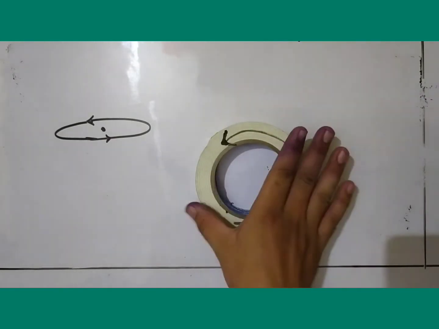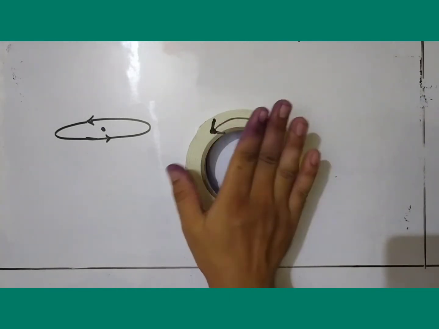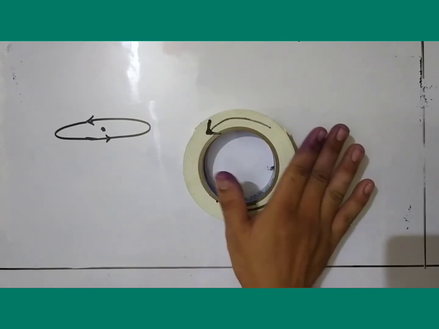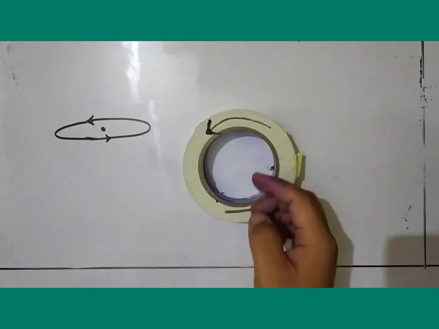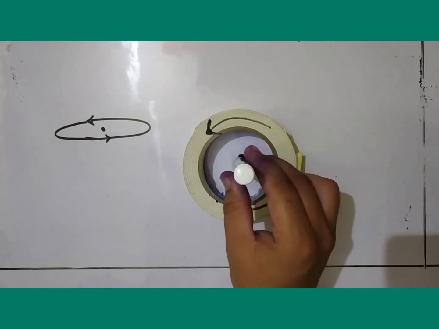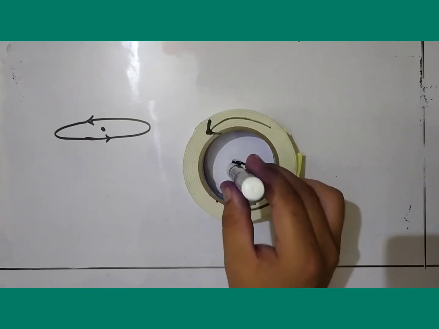Basically, the area vector is the vector that is perpendicular to the plane of the loop. So this is the plane of the loop, and the perpendicular to it will represent the direction of the area vector of the loop.